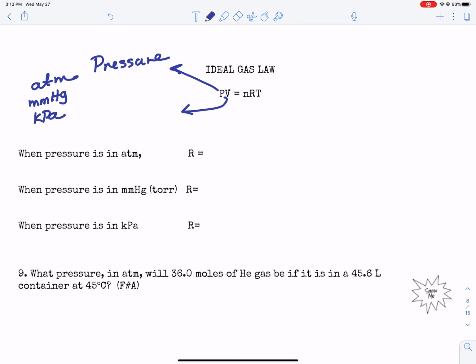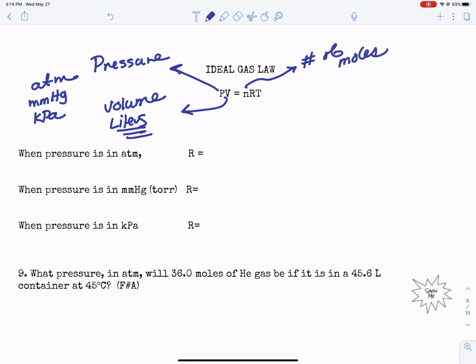Volume is, of course, V. But one thing is that it must be liters. It can't be milliliters. So if it's in milliliters, you need to change it to liters. N is a variable that we have not seen before, but n stands for number of moles.